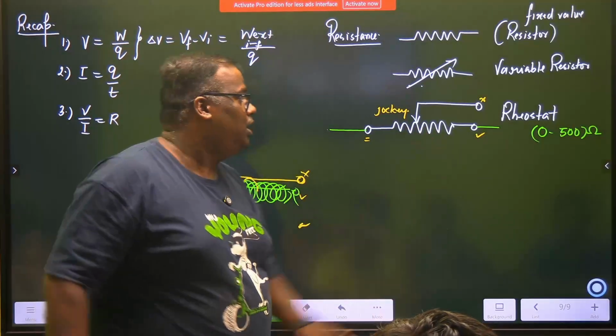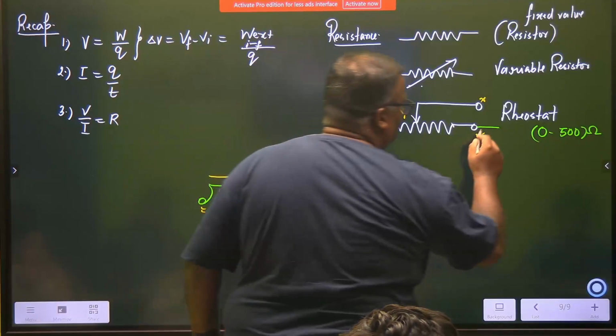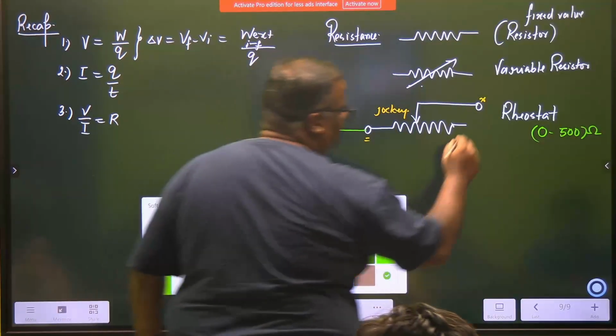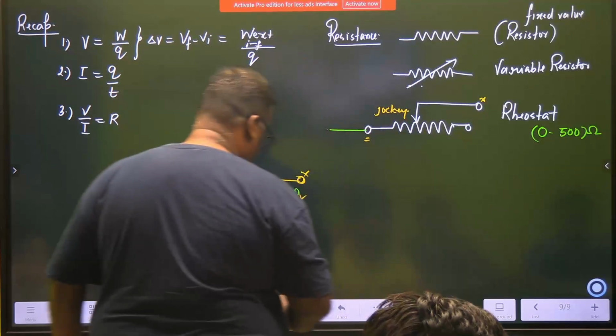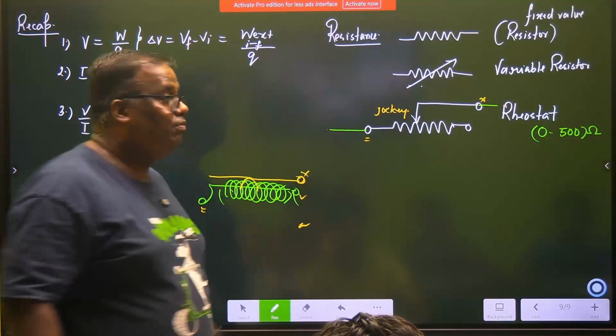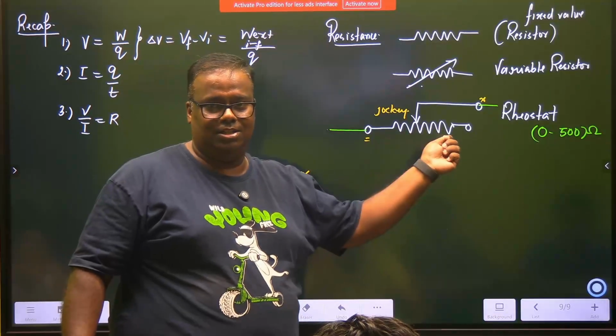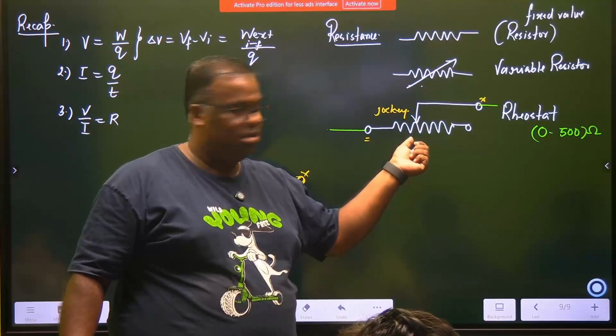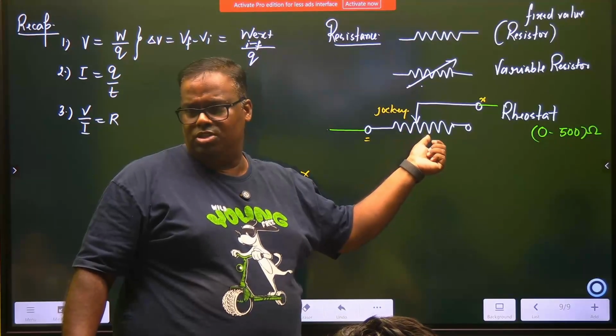If I connect my wire here, then I have a choice to vary the resistance. Say I'm using only 75 ohms up till here. I pull it more. I'm using how much?